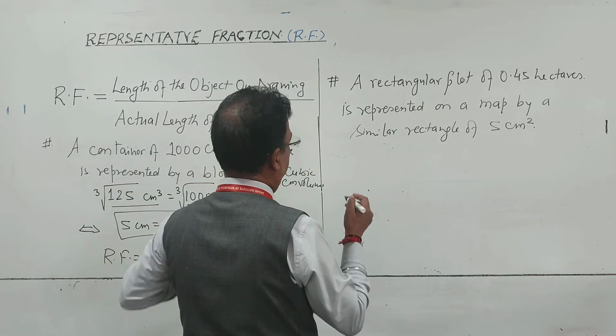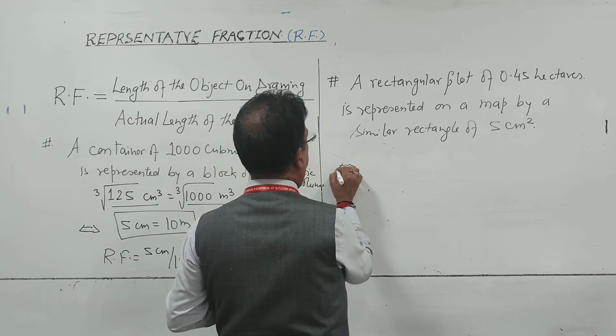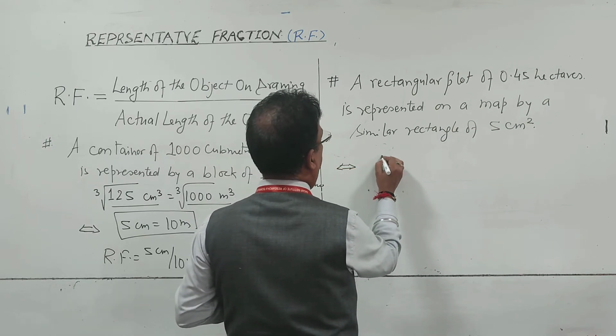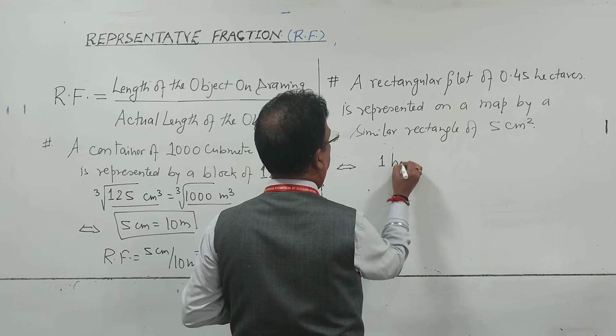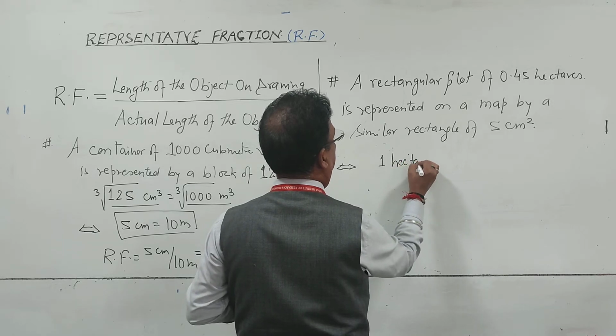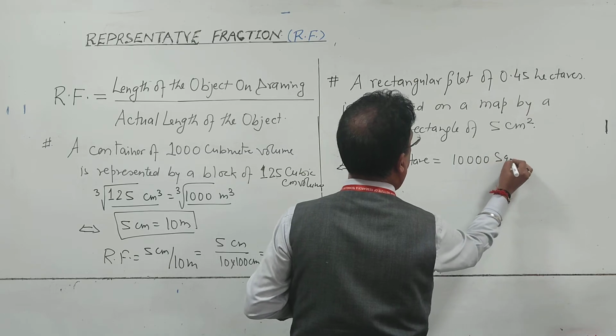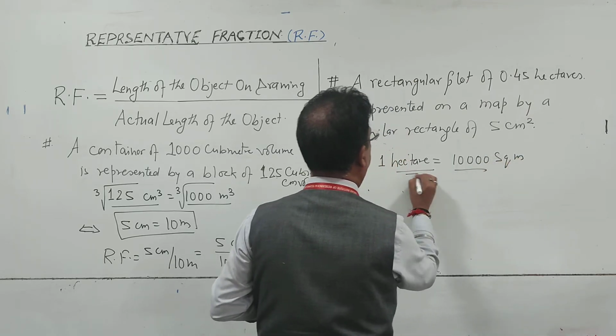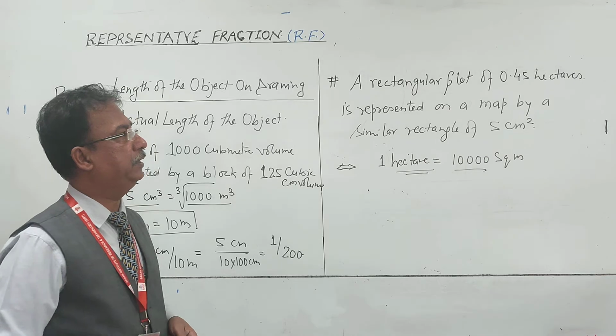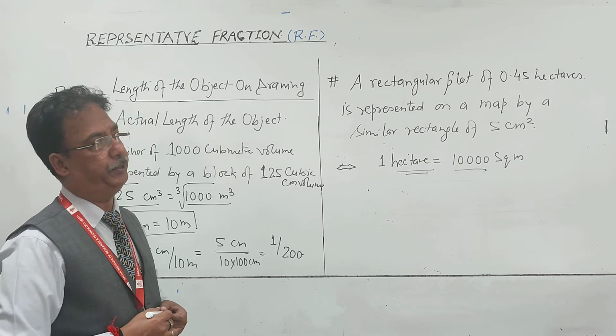Now for this hectare, first there will be a conversion, and you must know that 1 hectare is equal to 10,000 square meter. So using this conversion you can easily convert hectare into square meter.